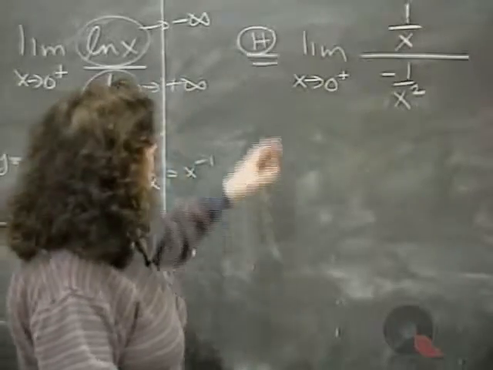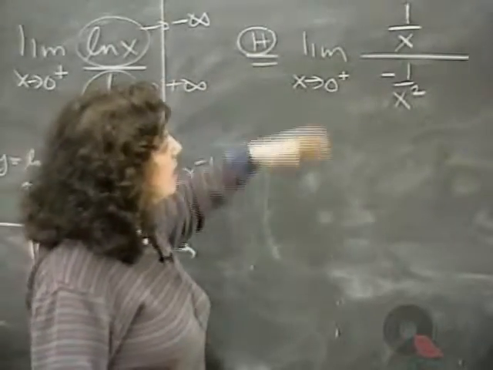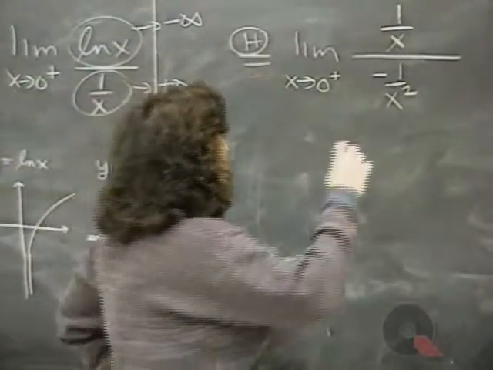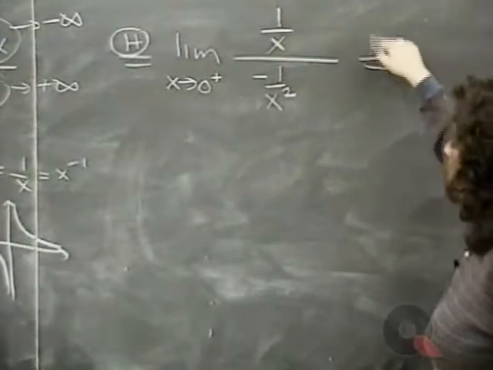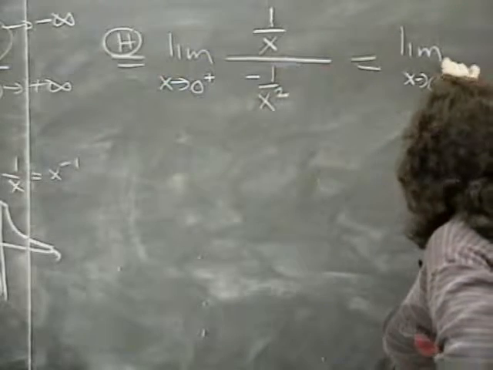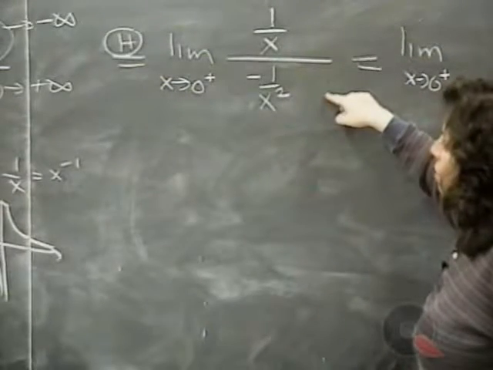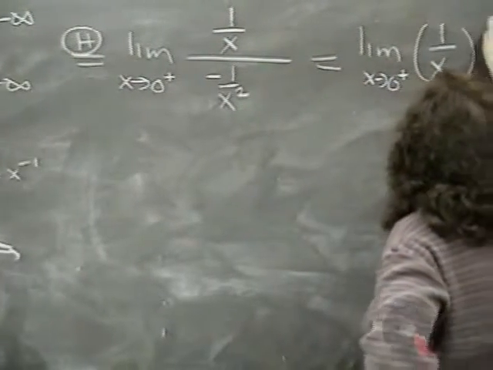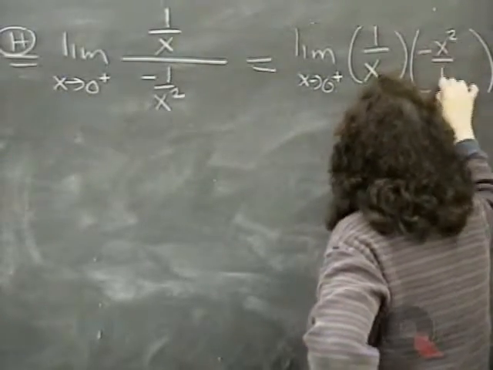If you have an infinity over infinity form after you've used L'Hopital's rule, check to see if any algebraic simplification can be performed. So this is not L'Hopital's rule; you might think of it as a for algebra. I'm simply saying 1 over x divided by minus 1 over x squared is 1 over x times, you can invert and multiply by, minus x squared over 1.